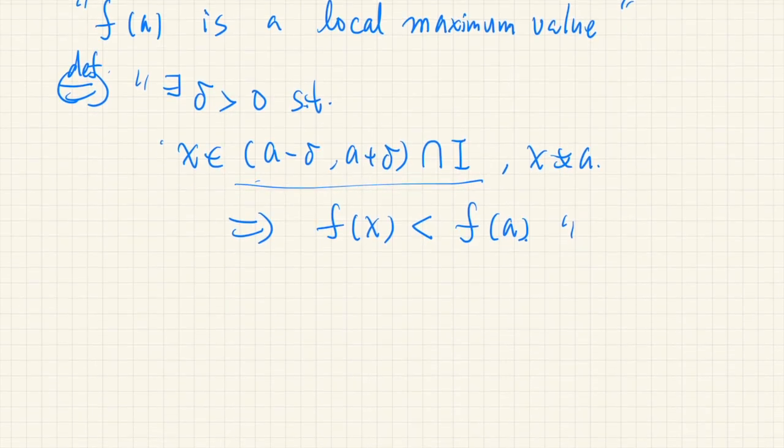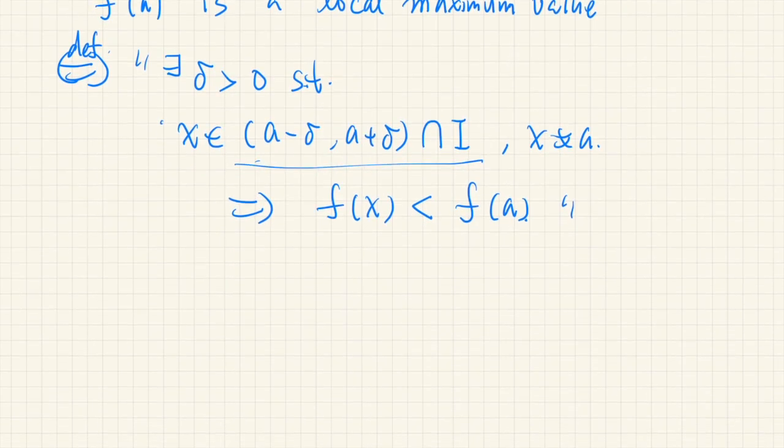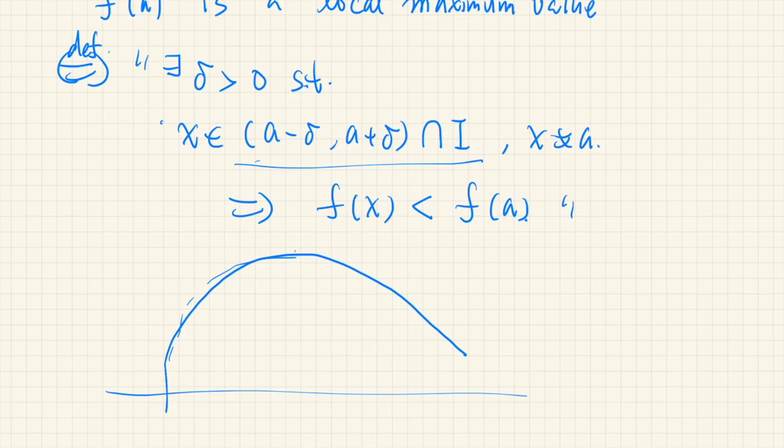So what does this mean? If a function looks like this, let's say this is a, and this is a minus delta, and suppose this is a plus delta.